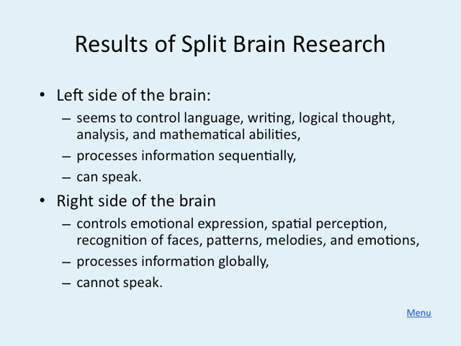Now, the right side of the brain controls emotional expression, spatial perception, recognition of faces, patterns, melodies, and emotions. We process information globally and cannot speak. So if we separate our corpus callosum, we are very much not speaking if the damage is on our right side.